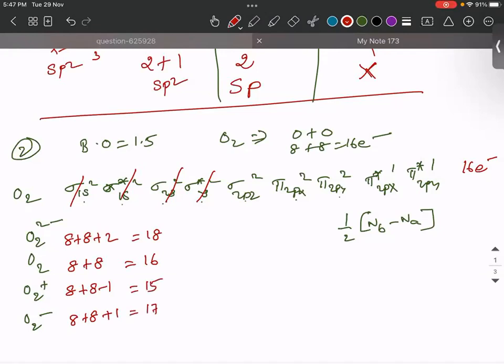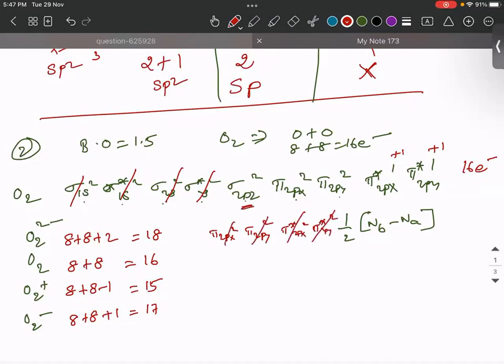So now you calculate first O2 2 minus. So 16 plus 2 gives 18 electrons. So what will happen here? Sigma 2pz2, pi 2px2, pi 2py2, pi star 2px2, pi star 2py2. Correct? So it will be cancelled out.